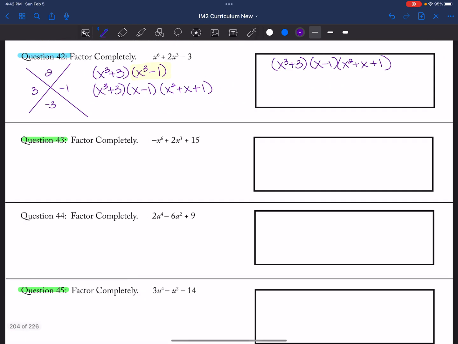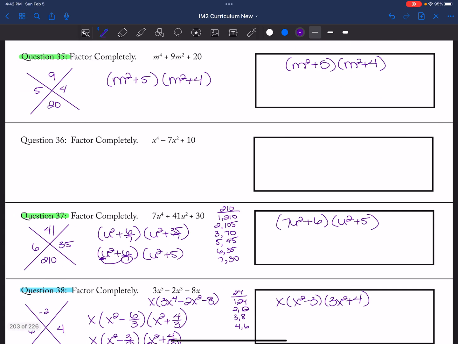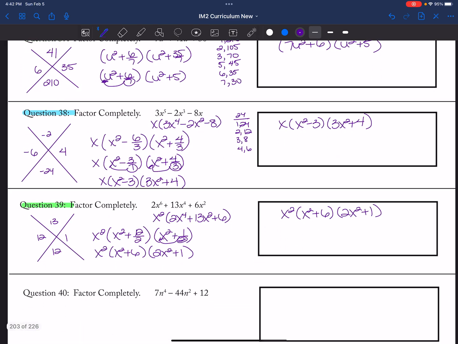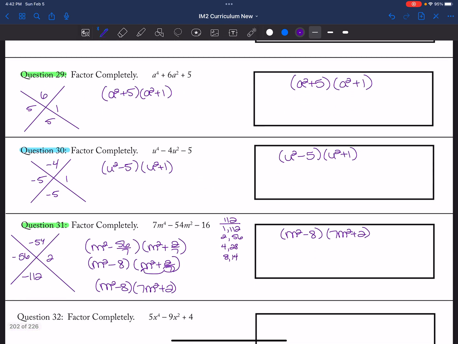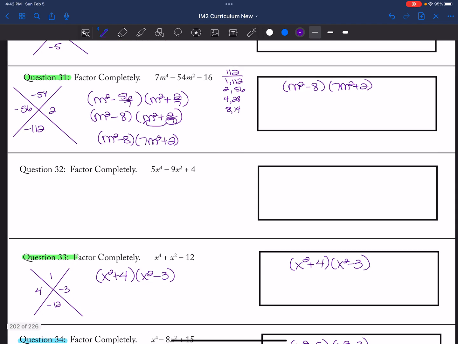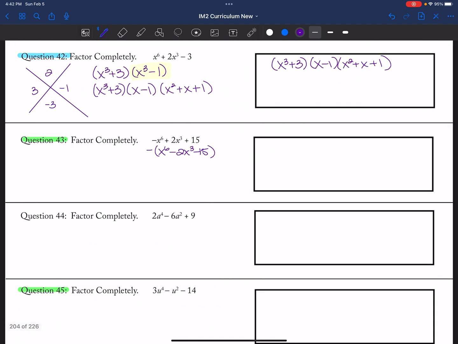Okay, 41. 43. So let's factor out a negative. So I get x to the 6, not plus, minus 2x cubed minus 15. Okay, did I do any of the other? No, these weren't cubes over here. Okay, I just want to make sure I didn't mess up any cubes. No, okay.